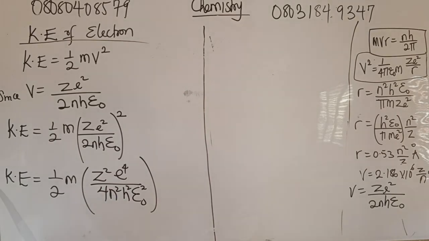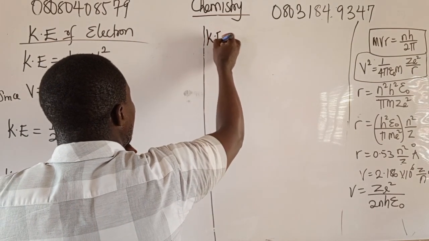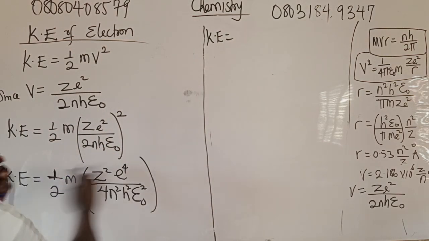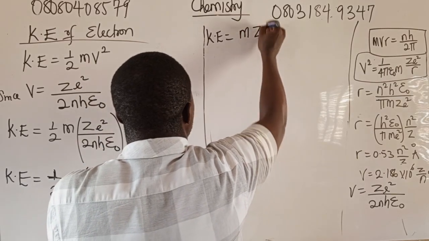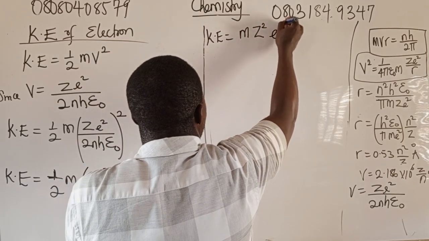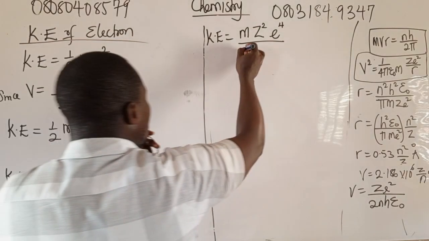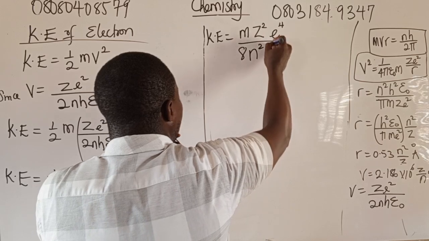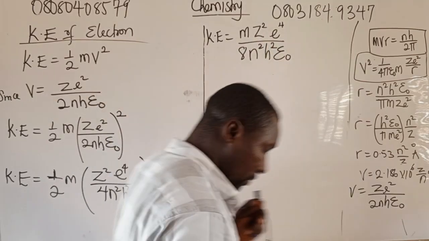Open the bracket, and we have kinetic energy equal to m Z squared e raised to power 4 over 2 times 4, which is 8 n squared h squared epsilon naught squared. Take note of that.